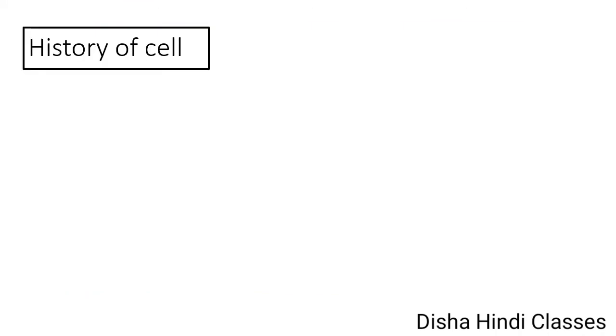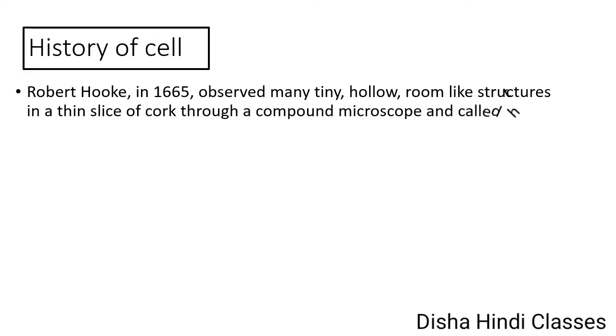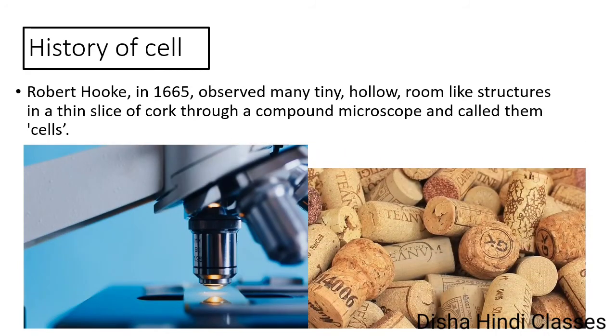History of cell. Robert Hooke in 1665 observed many tiny hollow room-like structures in a thin slice of cork through a compound microscope and called them cells.